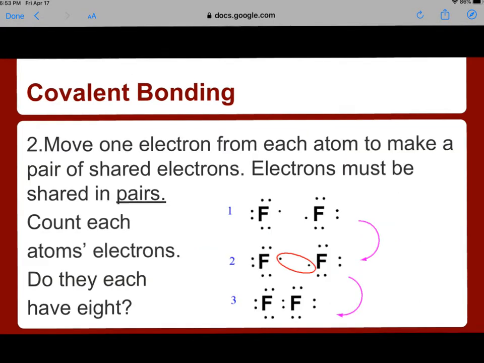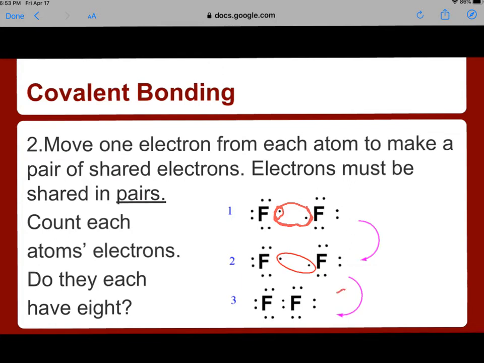Next, since covalent bonding happens when electrons are shared between atoms, I'm going to take some electrons that these fluorines are going to share with each other. Usually if you've got lone electrons hanging out without a pair, we want to take those lone electrons and bring them to the middle between the 2 fluorines to be shared electrons.